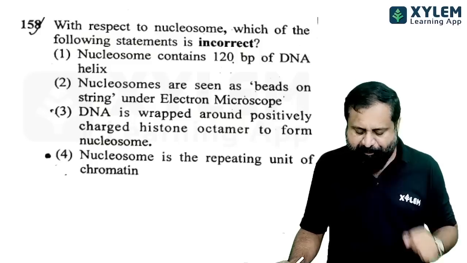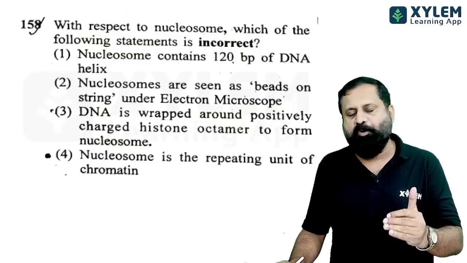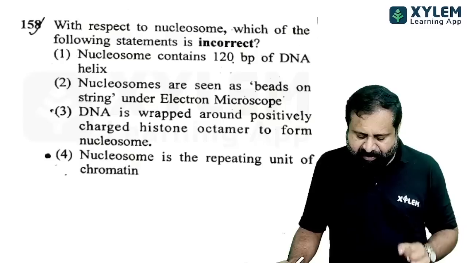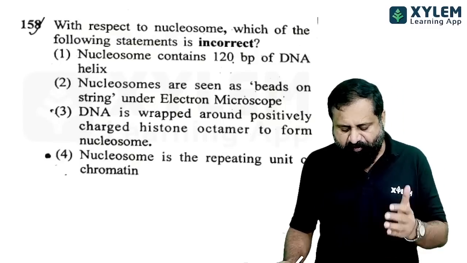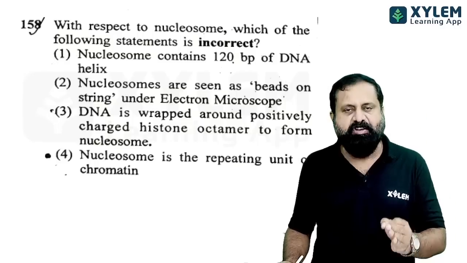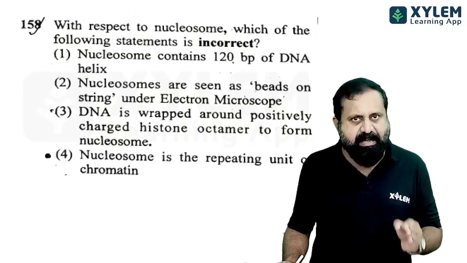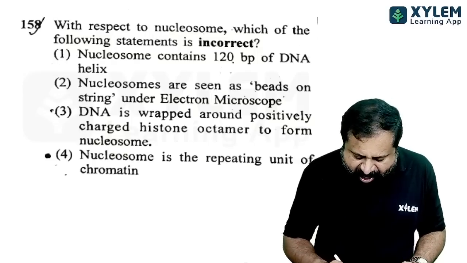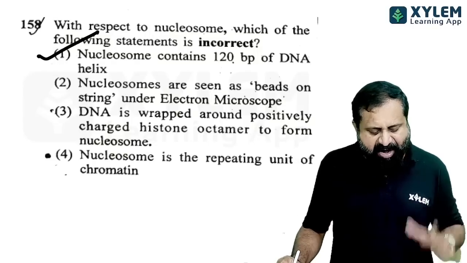False, it is 200. Nucleosomes are seen as beads on string under electron microscope. Correct. DNA is wrapped around a positively charged histone octamer to form nucleosome. Correct. Nucleosome is a repeating unit of chromatin. That is also correct. Here in 158, the incorrect statement is which one? 1 is the incorrect statement. Statement number 1.